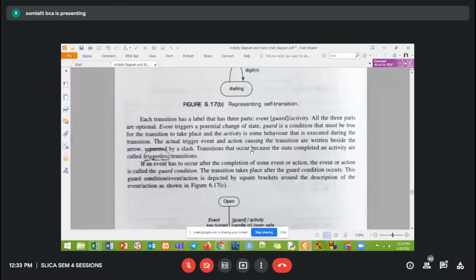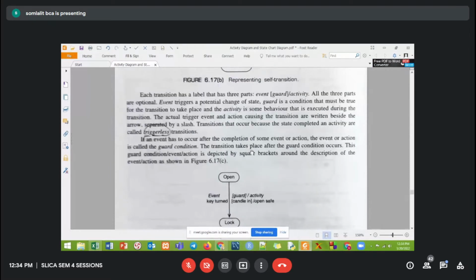Apart from that, try to understand there are some other terms like triggerless transitions. Okay, the transitions that occur between the state completed and the activity are called triggerless transitions. For that we don't need any kind of guard conditions because we know that thing is going to happen. But if an event has to occur, there should be some action.